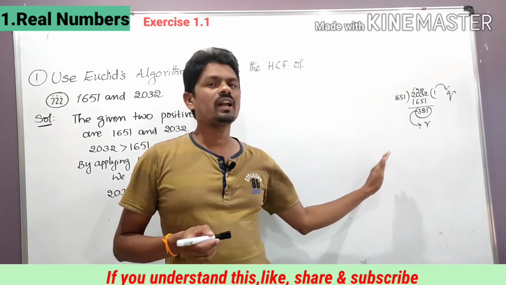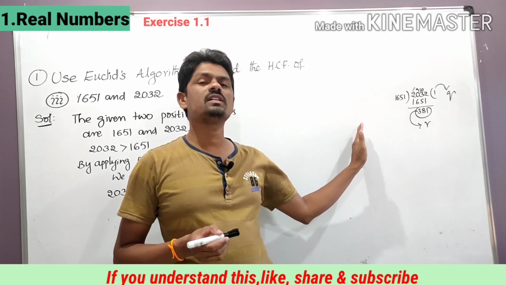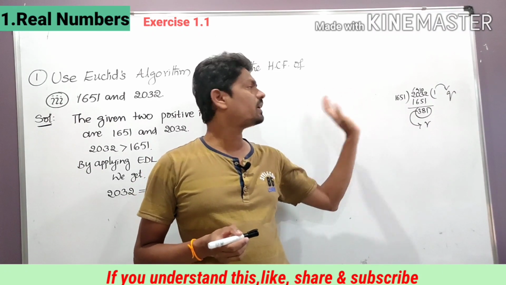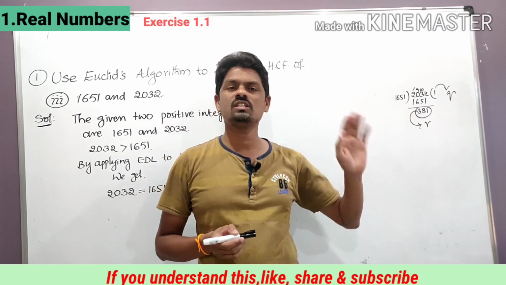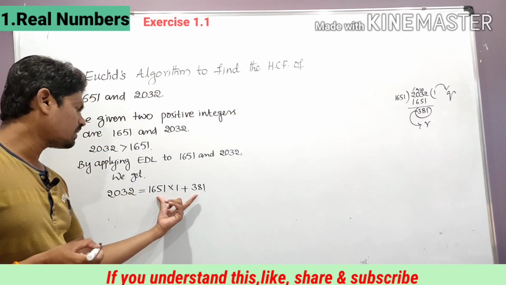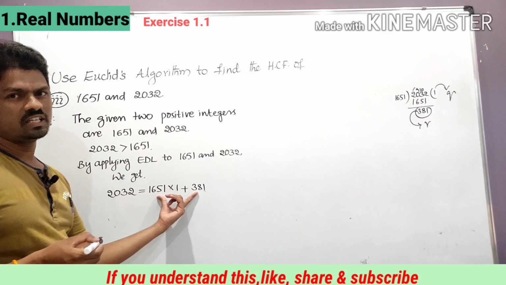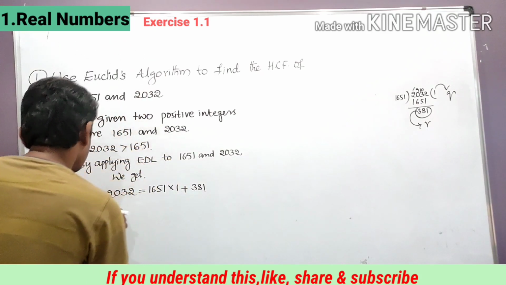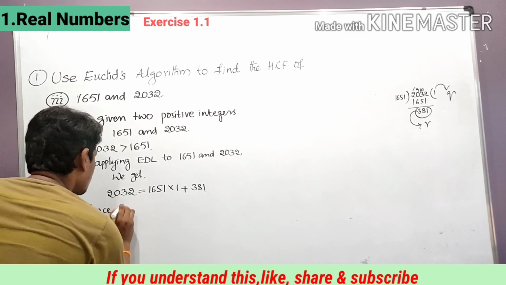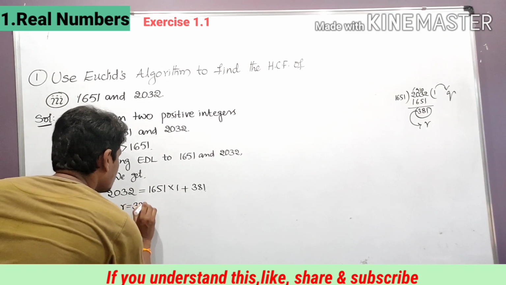We have to write A is equal to B into Q plus R until we get a remainder of 0. Since R is 381, which is not equal to 0, again we have to apply Euclid division lemma.